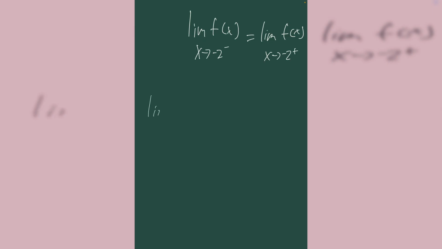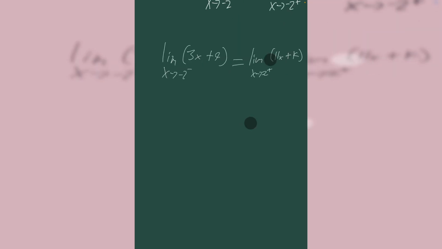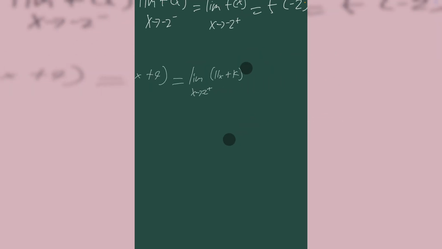The limit as x approaches negative 2 from the left of 3x plus 9 is equal to the limit as x approaches negative 2 from the right of 11x plus k. Now what do we do here? We just plug in.